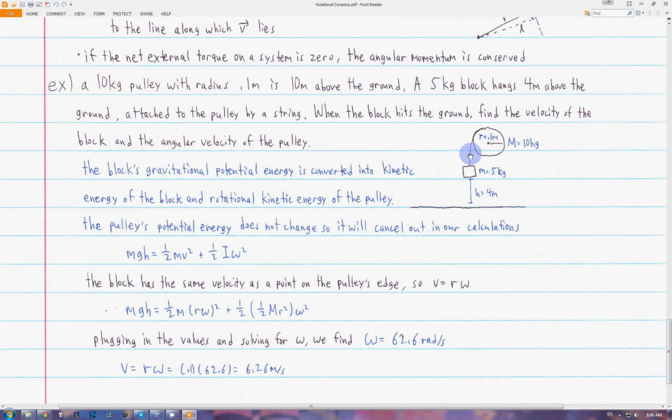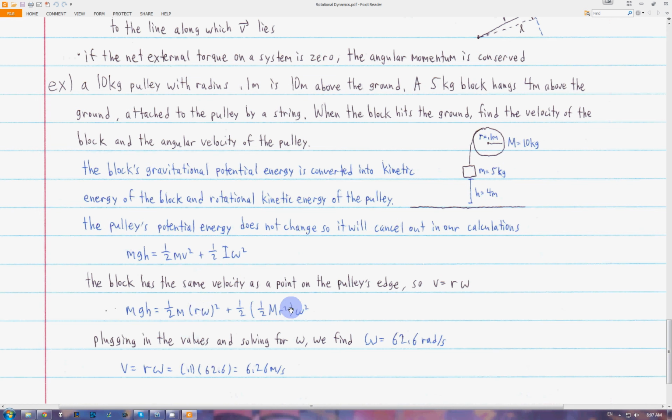And so we know that the linear velocity of these points on the outer rim of the pulley is just equal to r times omega. So then we can replace the v of the block in terms of omega.